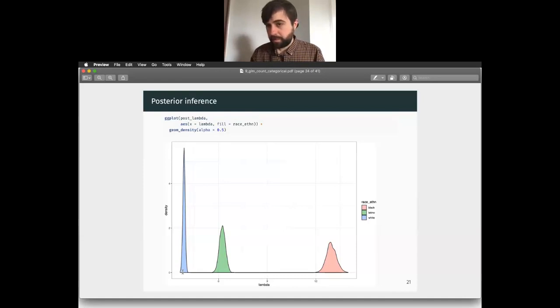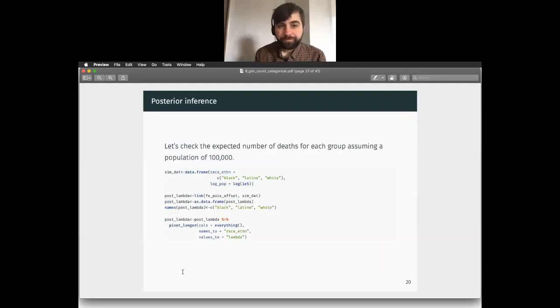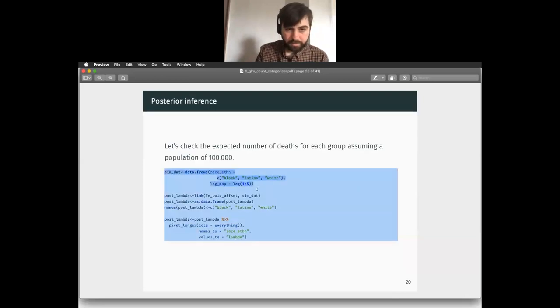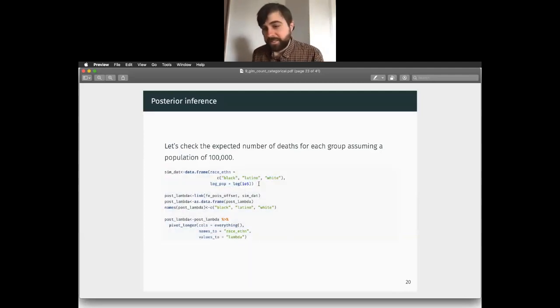I have a technical question. Previously, when you were setting up the data frame, and I must not be remembering something right, but I'm seeing here that we've got 2 columns in that data frame, log pop and race ethnicity. Yep. And you've got 3 values in one and 1 value in the other. Yeah. So if you only provide a data frame with 1 value, it's going to just repeat it all the way down.